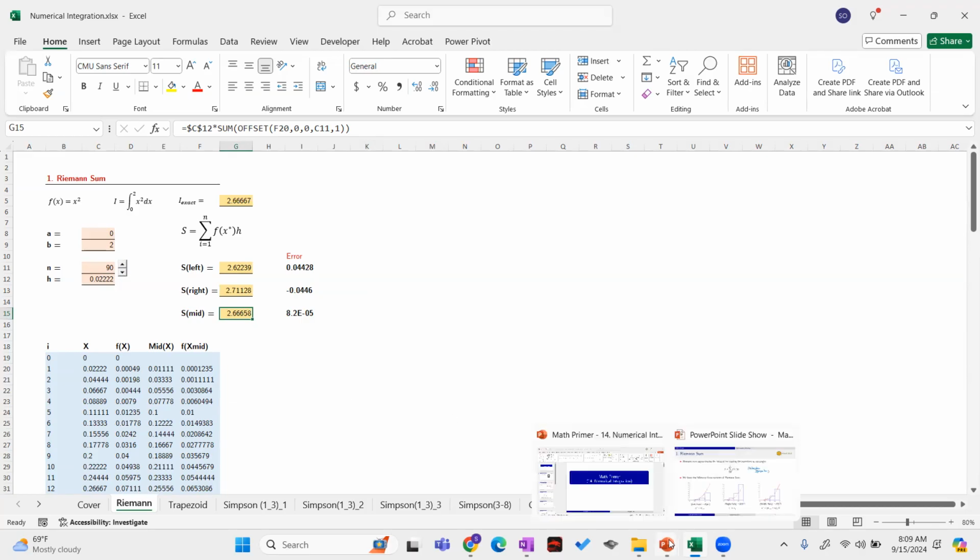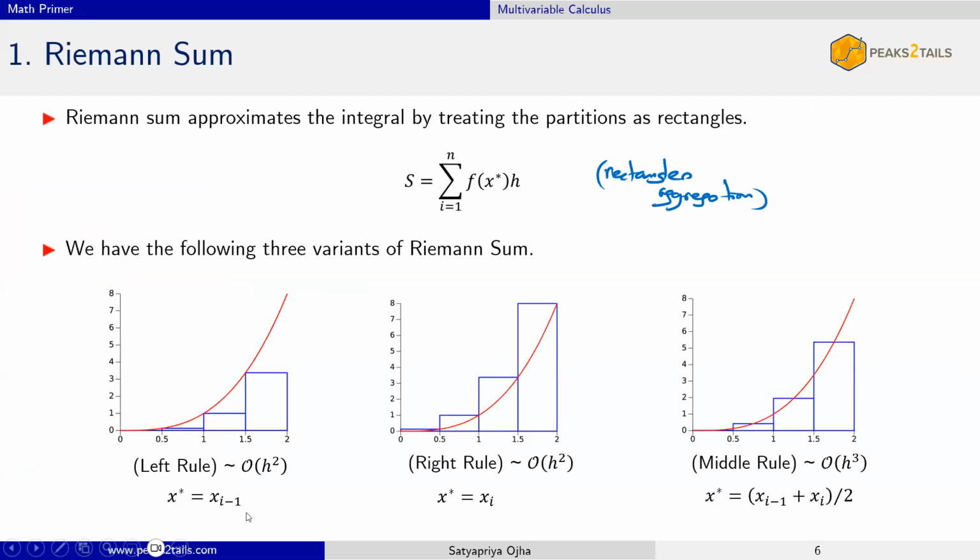Okay, is there a theoretical result that tells us the errors in these algorithms? Answer is yes, and I have given it here. So the left rule, which takes the height at the left point to be the height of the rectangle, so x star is x_{i-1}, basically, that enters into this. The convergence rate is h square.